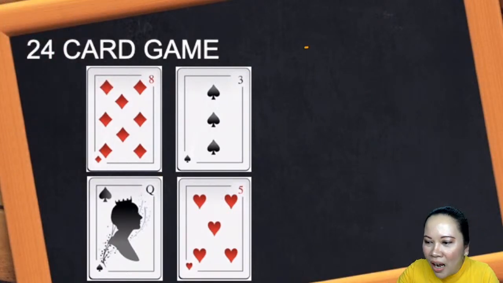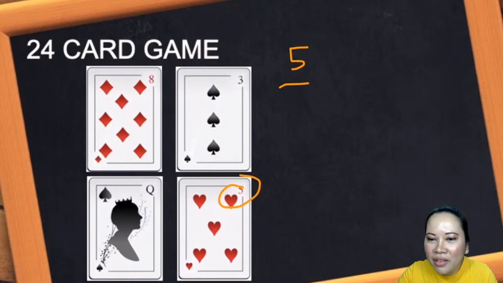Okay. 5 divided by... but there's no 5. Shacha, there's no 5. It's 5, 8.